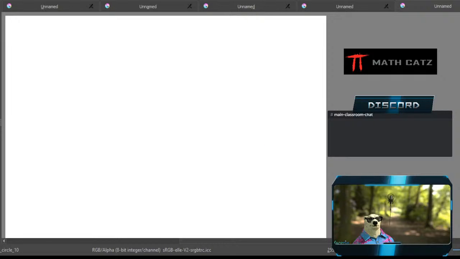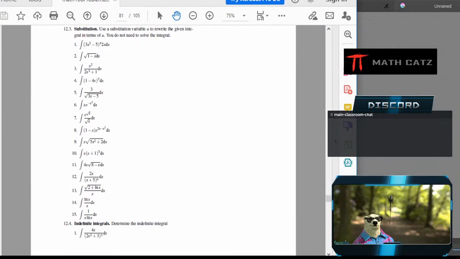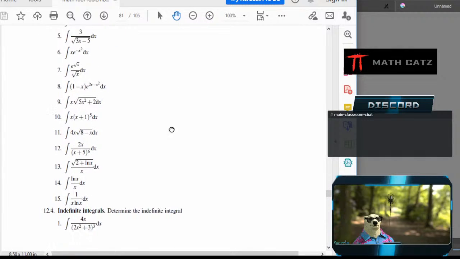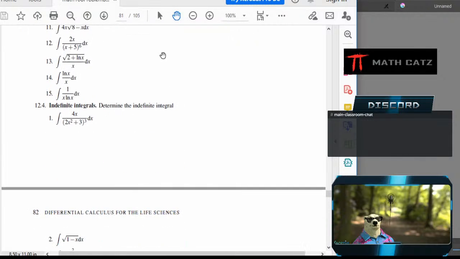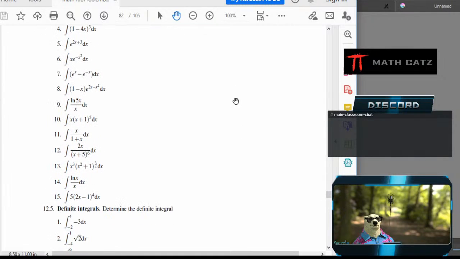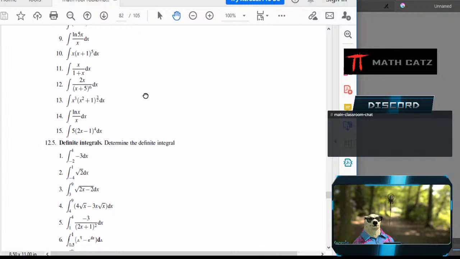So for today, we are just practicing some substitution. We can go back and do just easier indefinite integrals, but let's mix it up. And when we look at, for example, problem 12.4, we'll see they might be mixed up, although most of them, they might be a little bit more mixed up.